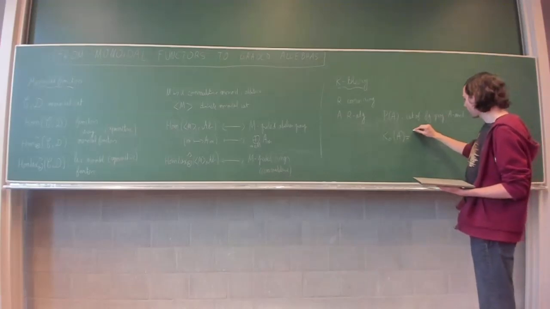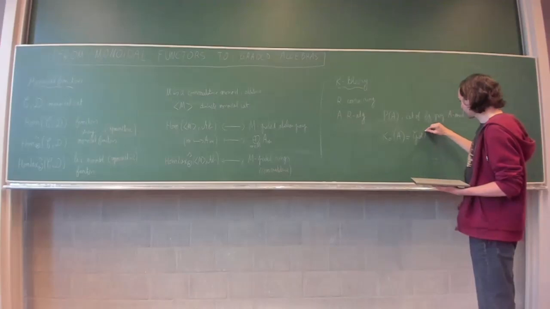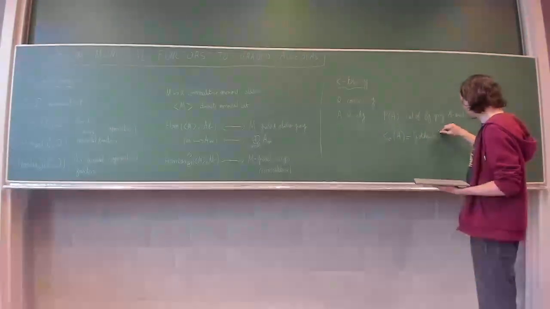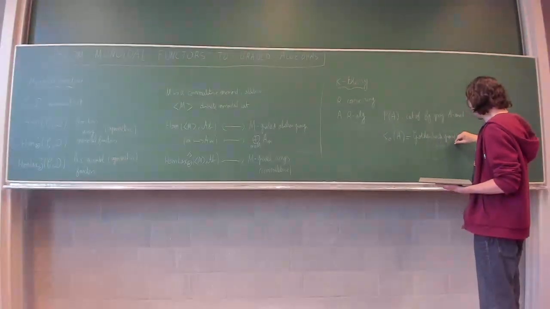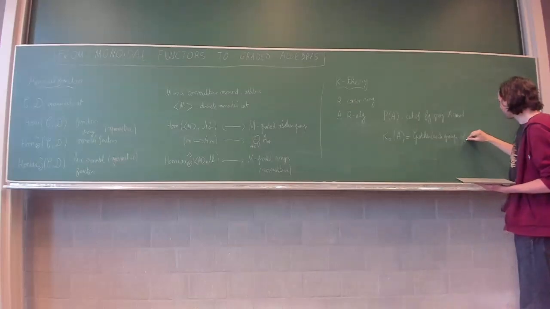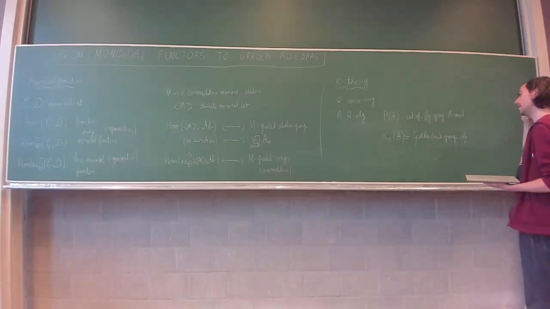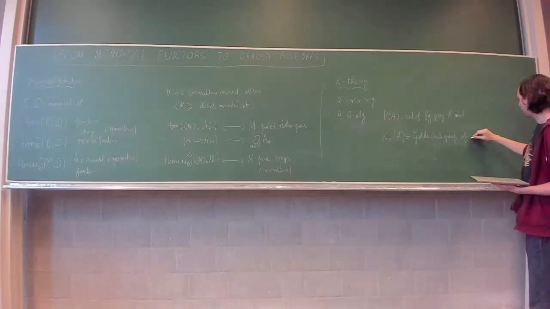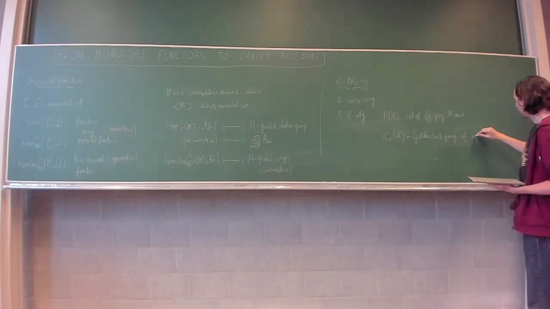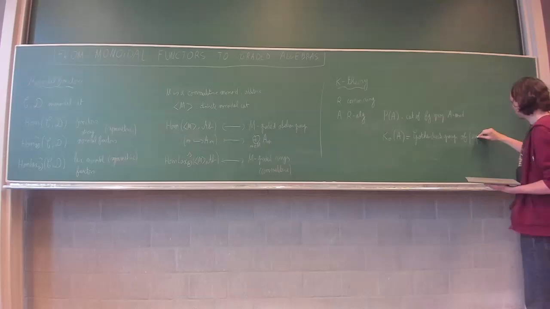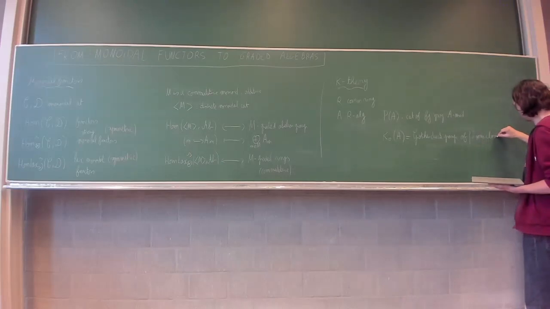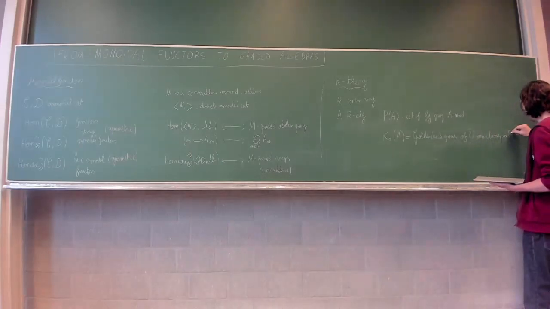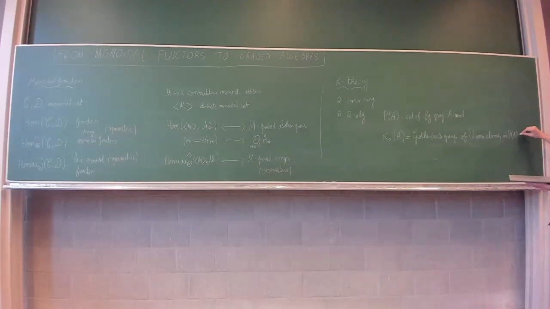which is the Grothendieck group of the set of isomorphism classes of P(A) with direct sum.